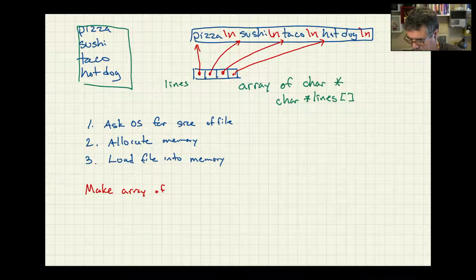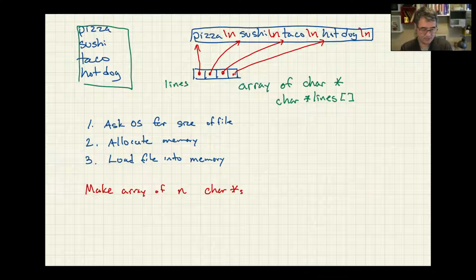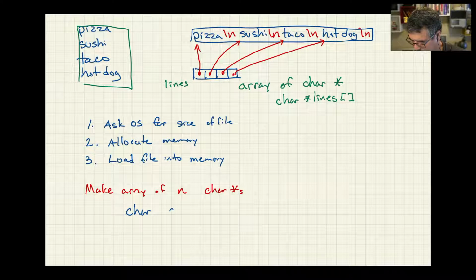Let's call this X, or N. Make an array of N character pointers. So if we were doing an array of characters, we'd say char, variable name, and an array, array size.